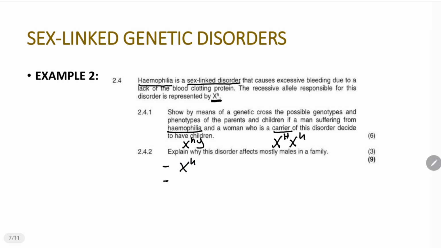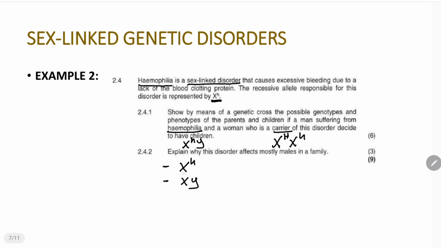And then we also have to note that males only have one X chromosome and one Y chromosome, right? So because males only have one X chromosome and one Y chromosome, it tells me that a male only needs one recessive allele for hemophilia in order to suffer hemophilia, right?